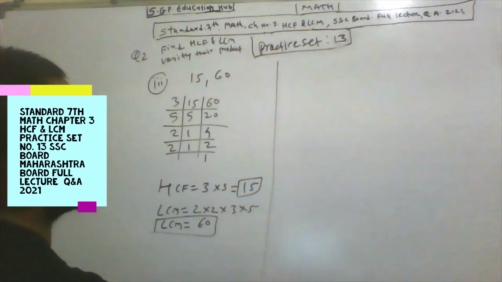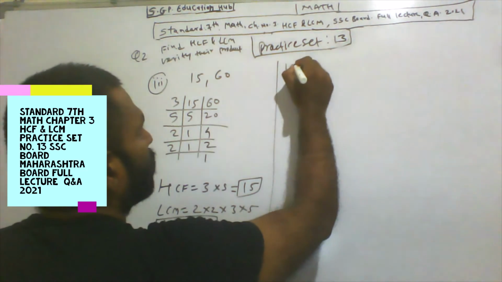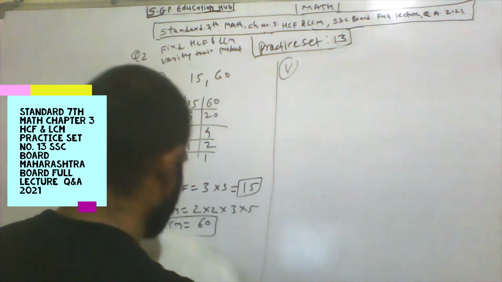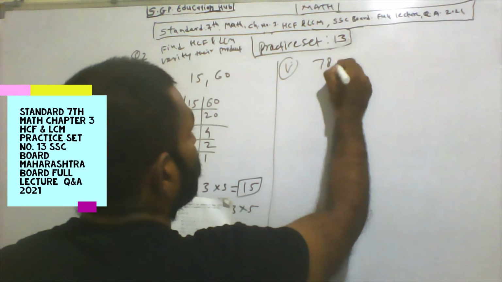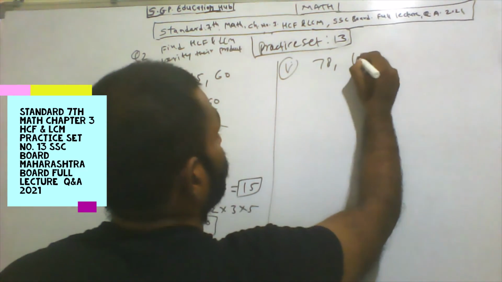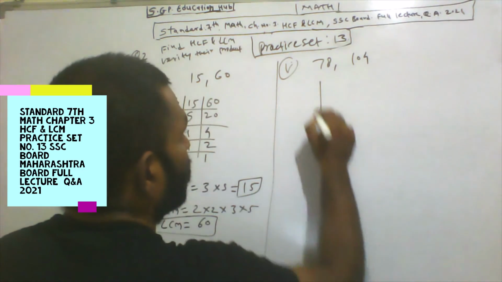Now go to the last question, question number 5. We are pending there: 78 and 104. Now get the answer.